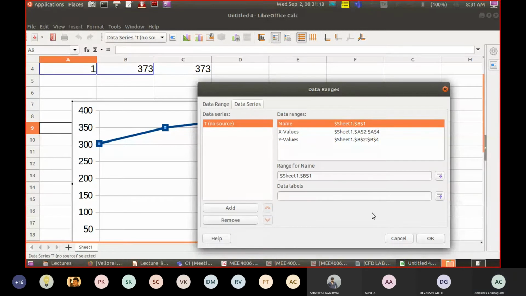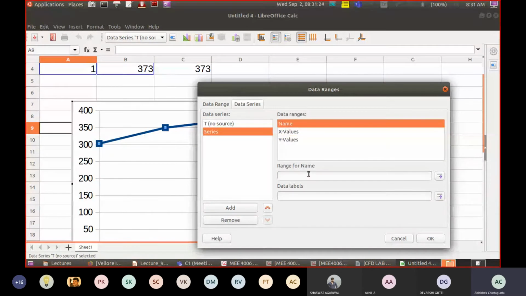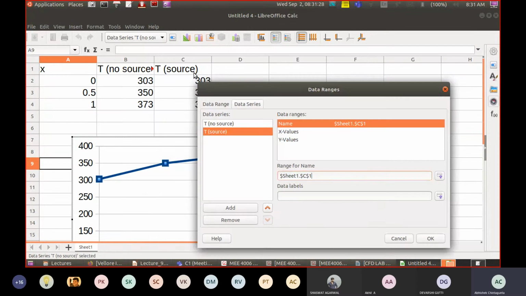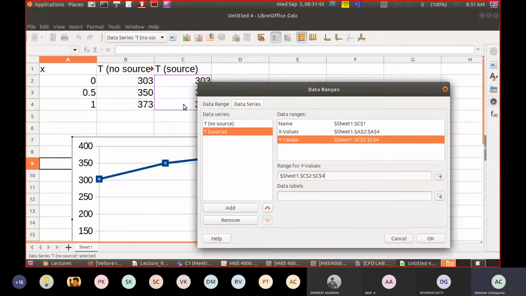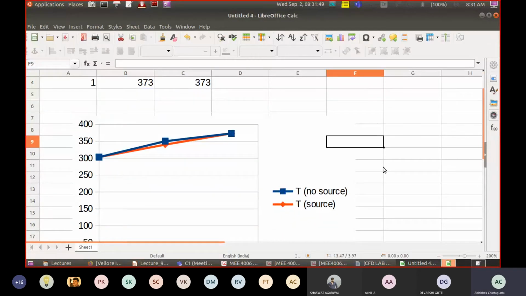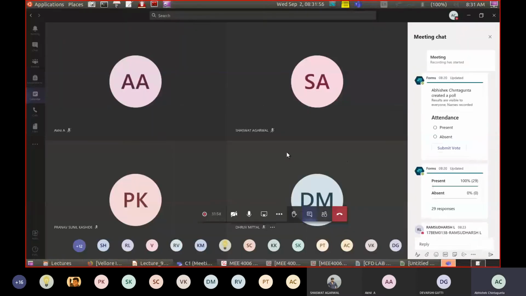X values, range of X values is this, and range of Y values is this. So that's how I get temperature with heat source and without heat source. Simple example. I think you'll find lots of tutorials even in regional languages.